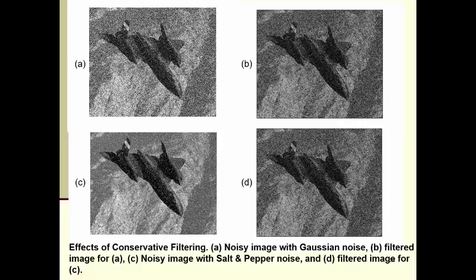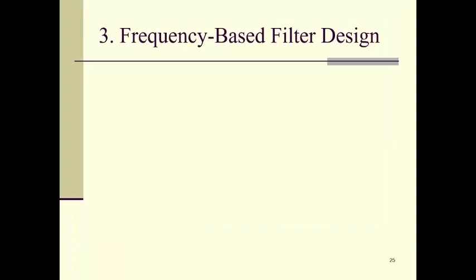Now let's go to the second type of filtering, which is called the frequency-based filter design. This means that I will apply the filter in the frequency domain. As we know before, the convolution in the spatial domain corresponds to what in the frequency domain? Multiplication.